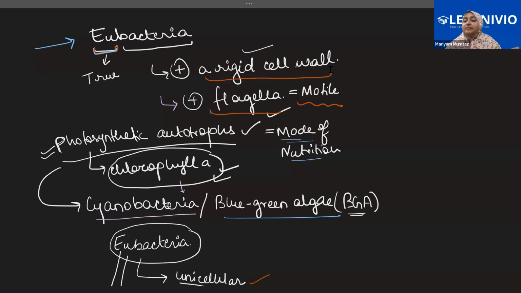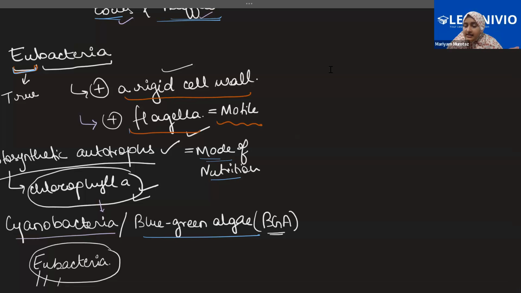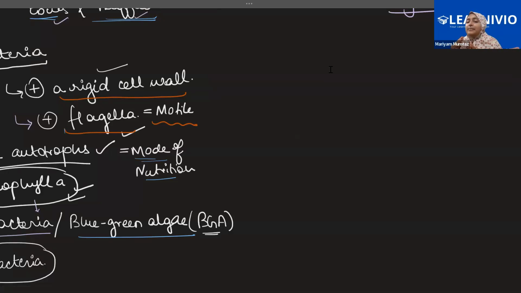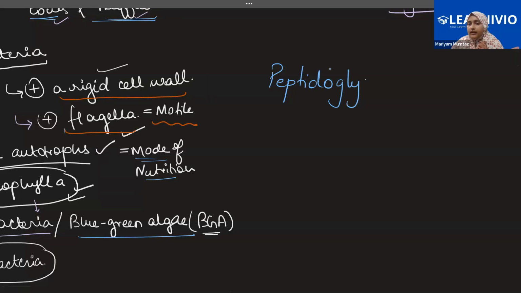It is made up of peptidoglycan, students. Always remember this. And what is the cell wall of plants made up of? Cellulose. So the cell wall of plants is made up of cellulose and the cell wall of bacteria is made up of peptidoglycan.